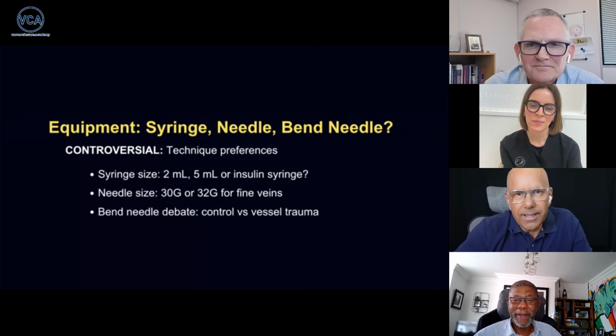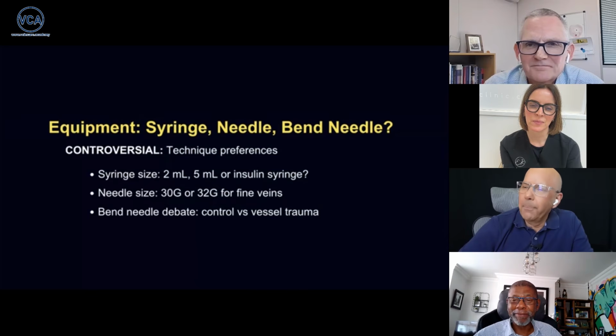Well, here's a thing that I need to tell you. Many years ago, I used to believe that if you used a 1 ml syringe, you would develop too much pressure, and you would actually cause disruption of the vessel, because the pressure on the piston through a 1 ml syringe would develop enormous pressures.